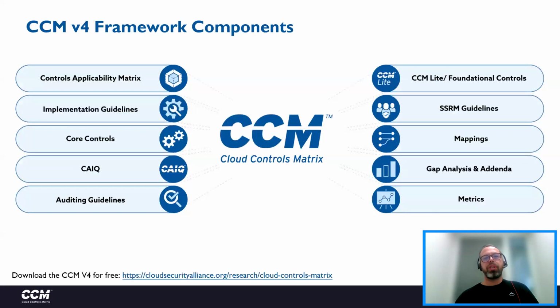The CCM brings a set of very valuable tools to the industry to ensure that the best security practices are applied. As an example, the CCM implementation guidelines are designed to help organizations effectively implement the controls specified in the CCM. These guidelines provide detailed recommendations and structured guidance for each control, ensuring that both cloud service providers and customers can navigate and apply the controls effectively.